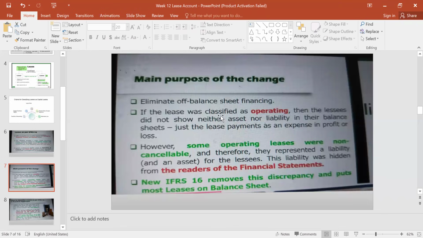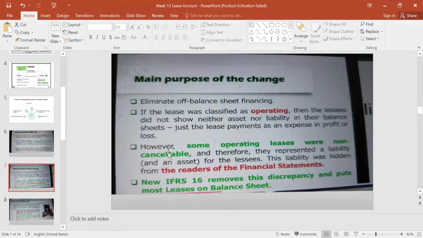If the lease was classified as operating, then the lessee did not show either assets or liabilities in their balance sheet. For an operating lease, there is no need to show the asset and liabilities on the balance sheet. Just the lease payment as an expense in profit or loss, treated under the profit and loss or income statement.